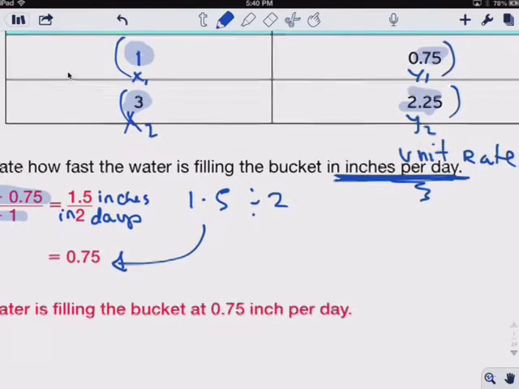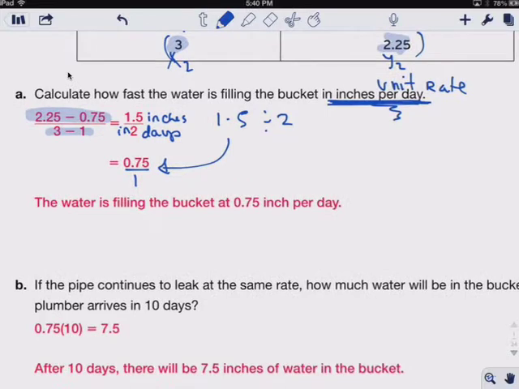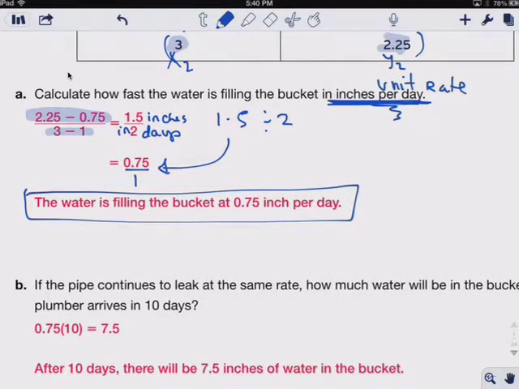So it's 0.75 inch per day for 1 day. And you don't need to put 1 as a denominator. And then they write it in a complete sentence: the water is filling the bucket at 0.75 inch per day. Make sure that you have your answer in a complete sentence.